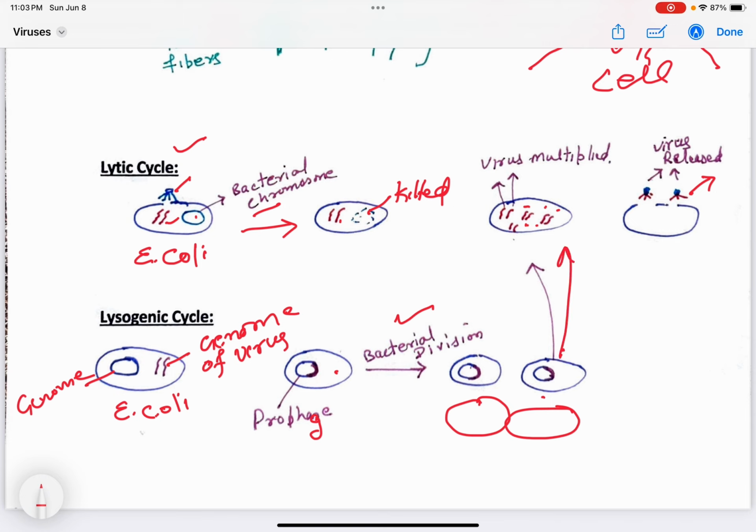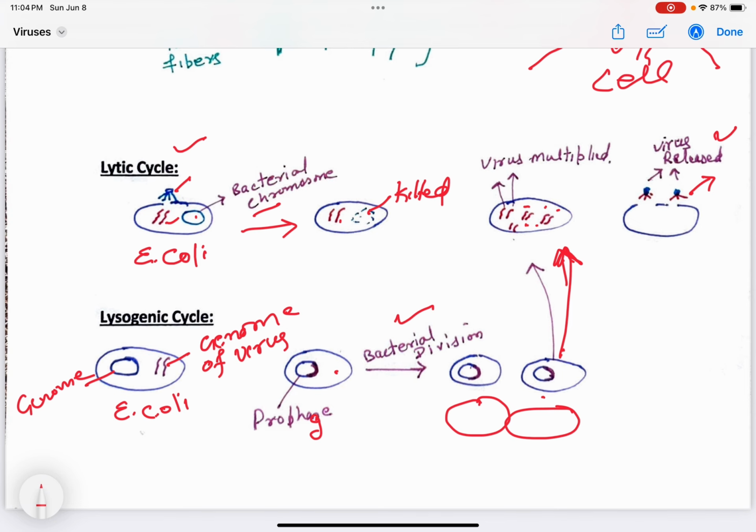So this can happen right here, for each of these copies of the bacteria, and cause a lot of problems, and there could be multiple viruses released at that point on.